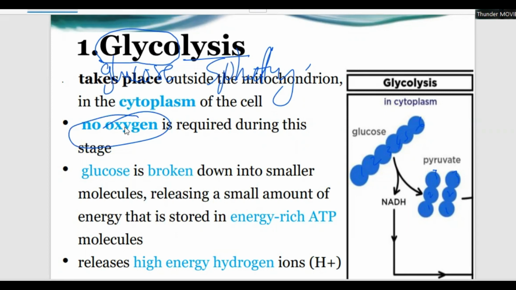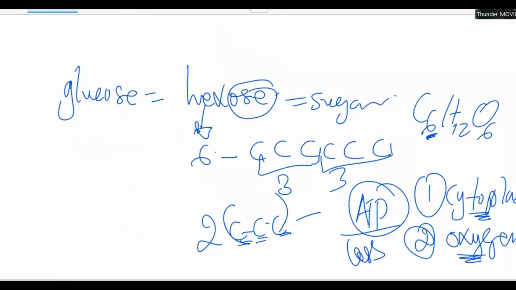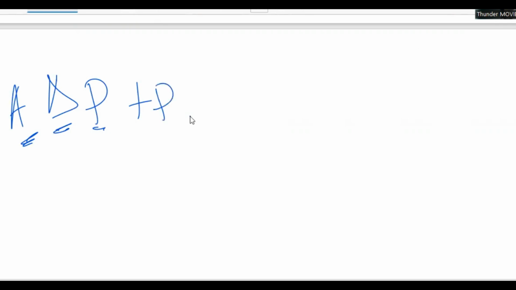So the glucose molecule is broken down into smaller molecules. Remember we said that they are made up of 3 carbon atoms, and a small amount of energy is released and stored in energy-rich ATP. Don't forget that during phosphorylation you have ADP, which is adenosine diphosphate, plus an inorganic phosphate.